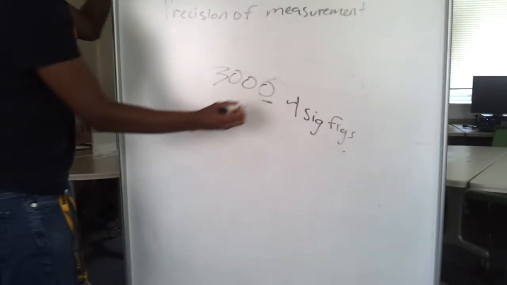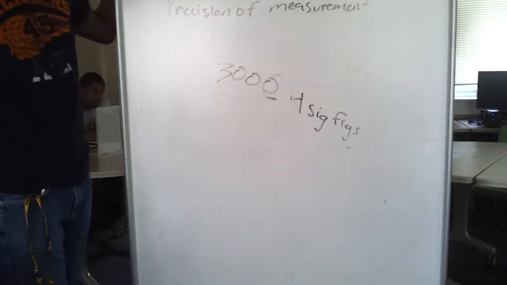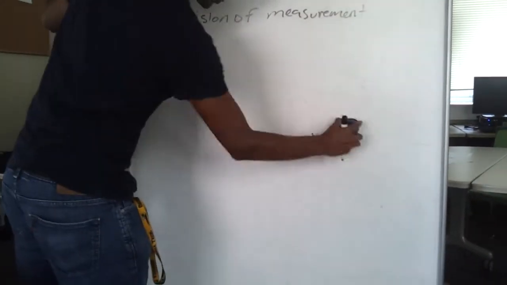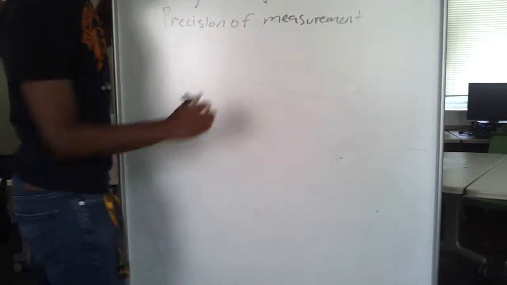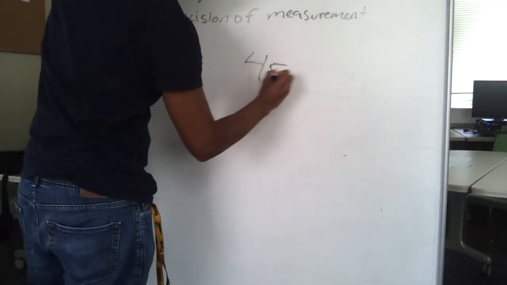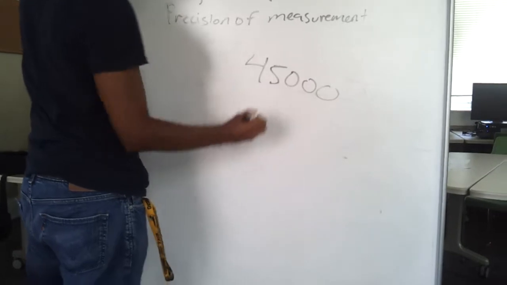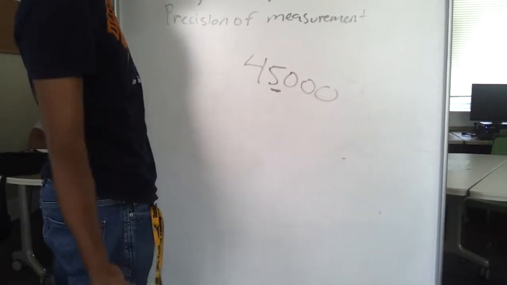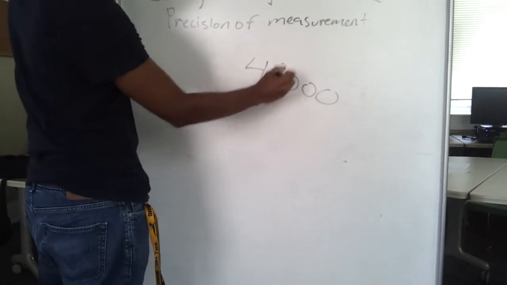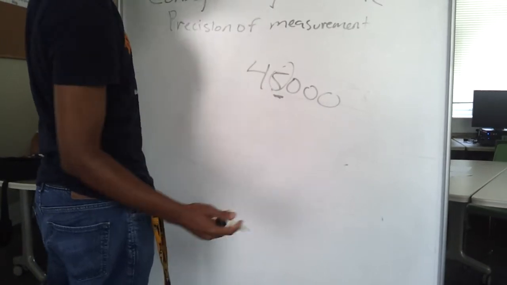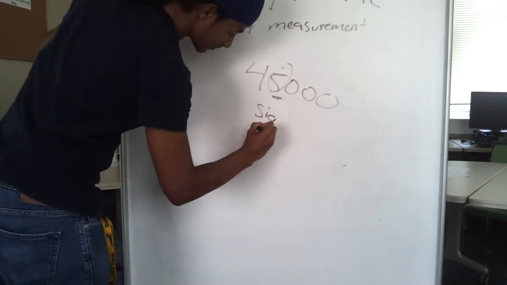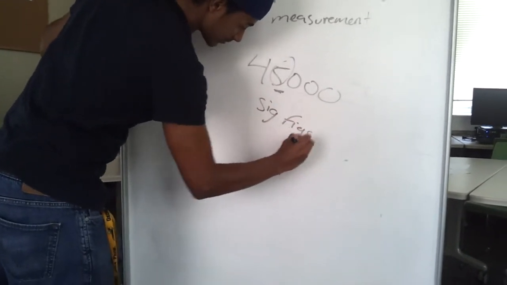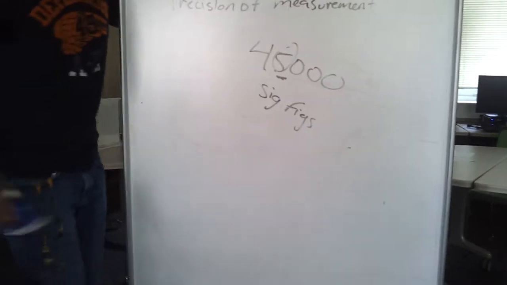So you'd have 4 significant figures. Now, if you're given a large number, the bar is right here, and the significant figures would be stopping right here. So you'd only have 2 significant figures.